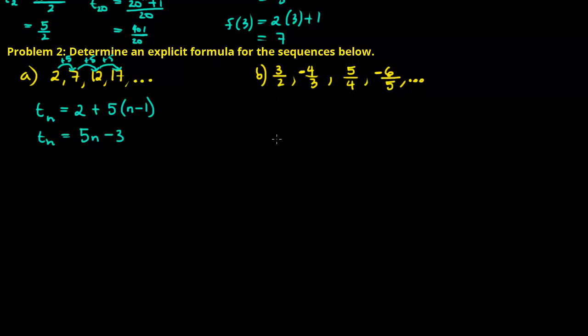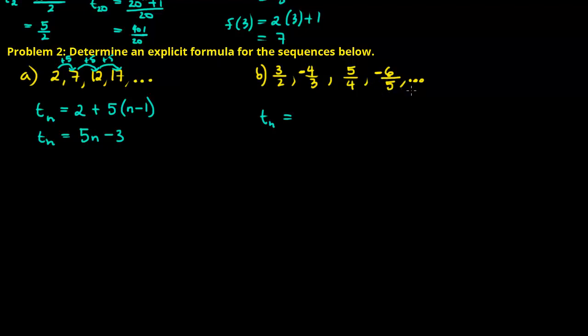So here, I have a sequence where, let's try to figure out what's happening here. So we have 3 halves, then the next term is negative 4 thirds, then the next term is 5 fourths, and then the next term is negative 6 fifths.